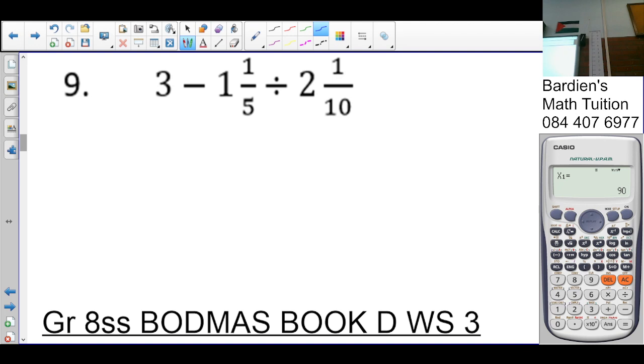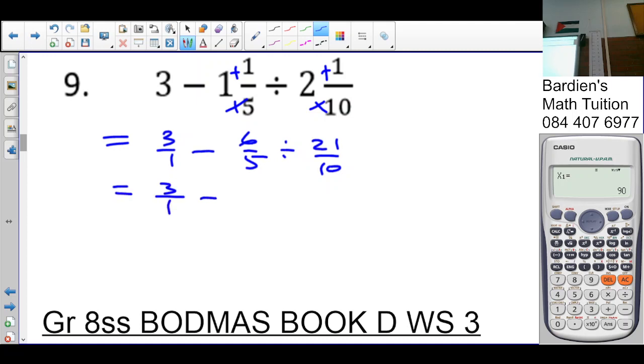Right, so number 9. So what do we do here? Change to improper, not so? So it's going to be 3 over 1 minus, that is going to give you 6 over 5 divided by 21 over 10. Now what do we do? Tumble and times. So it's going to give you 6 over 5 times 10 over 21. Again, multiplication.